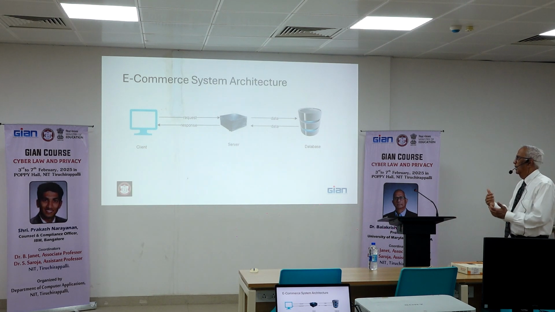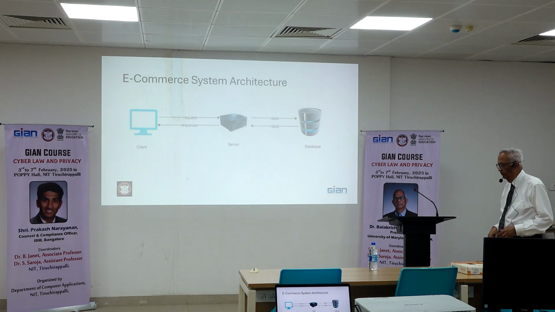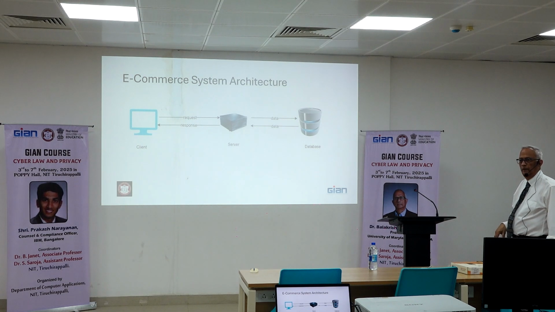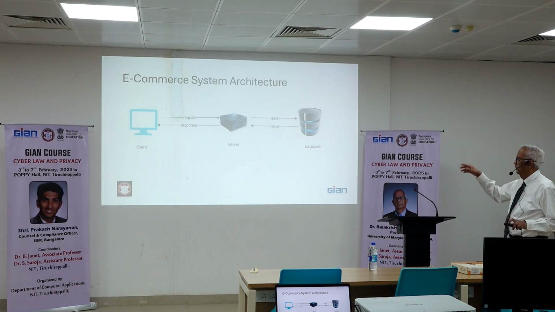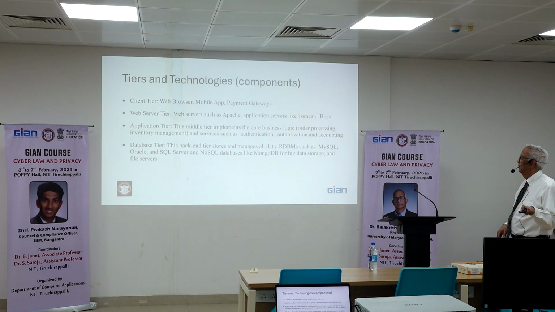This will go on and on. This is usually what is called a three-tier architecture. There are variations, but this is what you do, okay? Sometimes it could be four, but this is the basic idea.